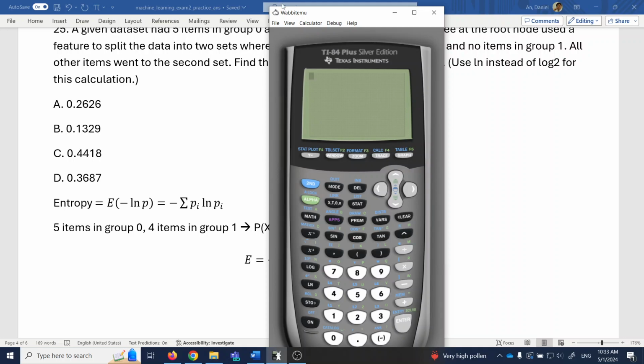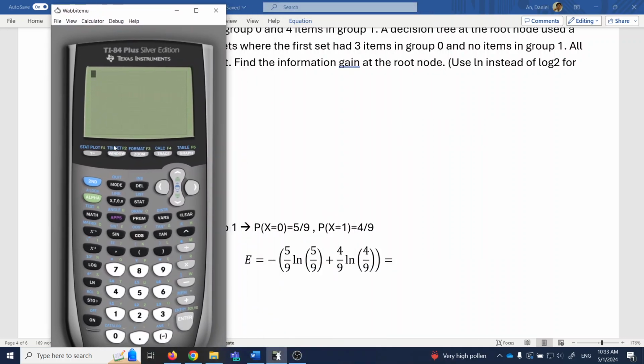So we have 5 ninths, and I put 9 twice. Okay, times ln of 5 ninths, and then plus 4 ninths.